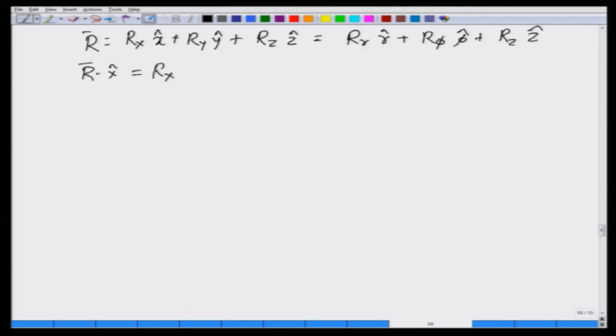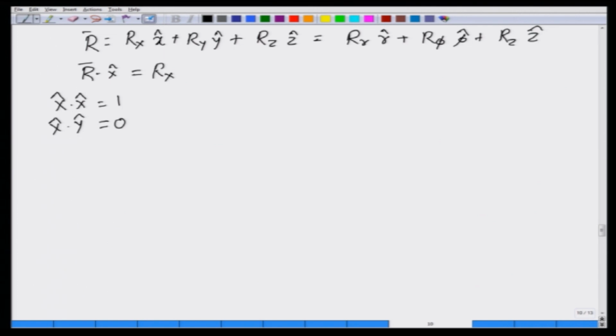Why? What would happen when you take x hat dot with respect to this one? It turns out that x hat dot x hat will be equal to 1, because the length of one vector upon itself will be giving the length of the vector itself. However, what happened to x hat dot y hat? This became equal to 0, because x is perpendicular to y, and dot product will be equal to 0 when theta AB is equal to 90 degrees.